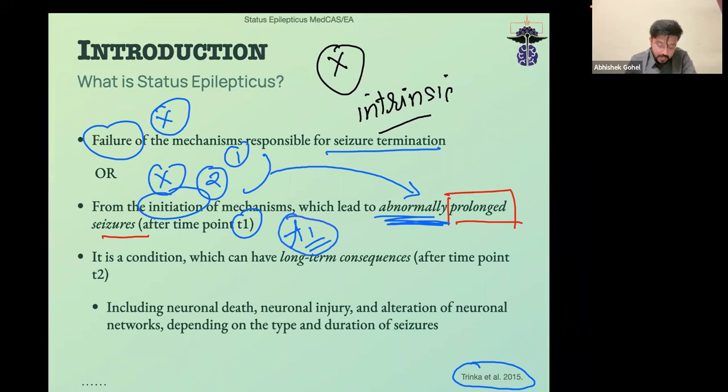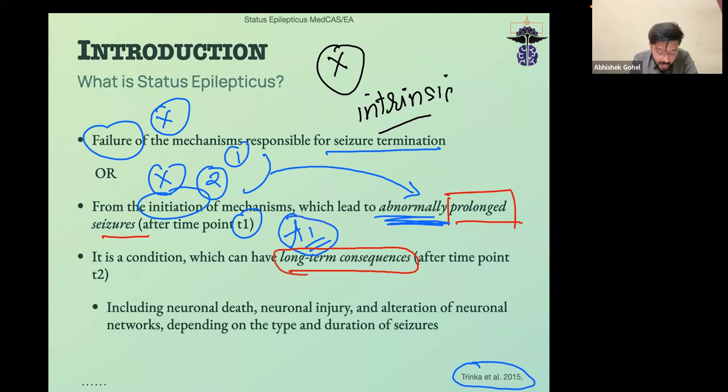Okay. Next will be, because of this status epilepticus, there will be long-term consequences, and that is why we are worried about it, right? They do not happen in every patient of status epilepticus if that status is terminated before a particular time.